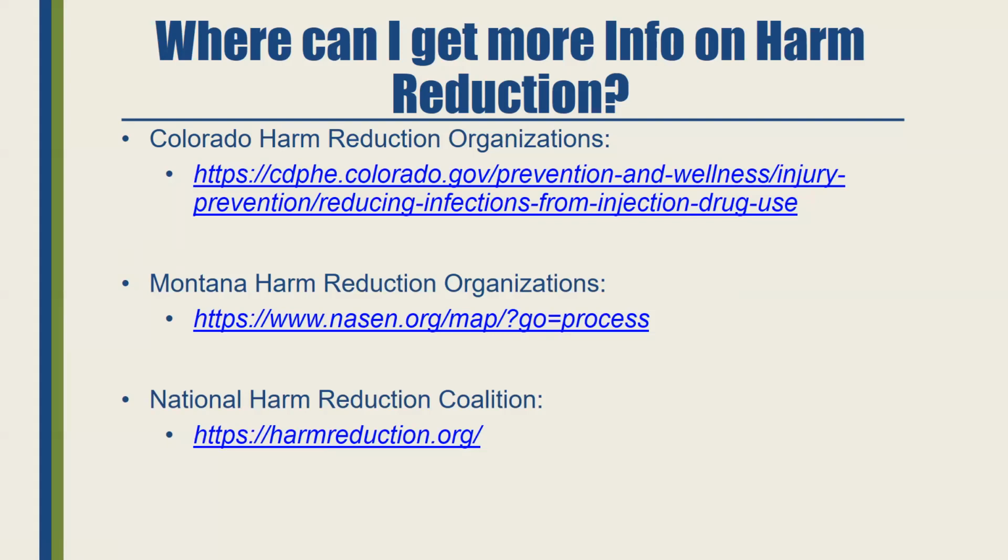Folks can receive naloxone for free, pretty much no questions asked, from these harm reduction organizations. These organizations, as well as the National Harm Reduction Coalition, have other resources for folks around using safely, around medication-assisted treatment, lots of different resources in addition to just naloxone.